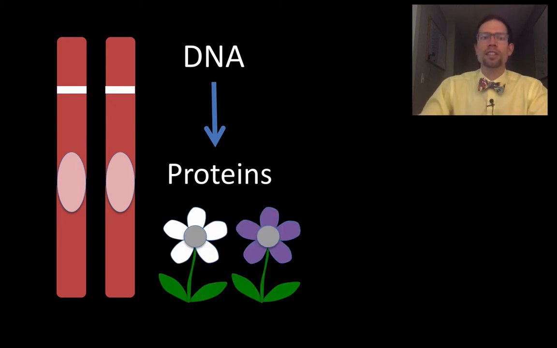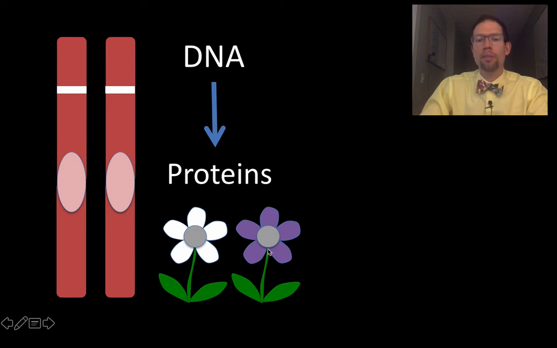So in our first example, we're going to talk about Mendel's experiments with pea plants as it pertains to the flower color that they had. You can have two different types of flowers: a purple flower or a white flower. You get white flowers when you have two copies of the white allele, and you get purple flowers when you have two copies of the purple allele, or you have a purple allele and a white allele.